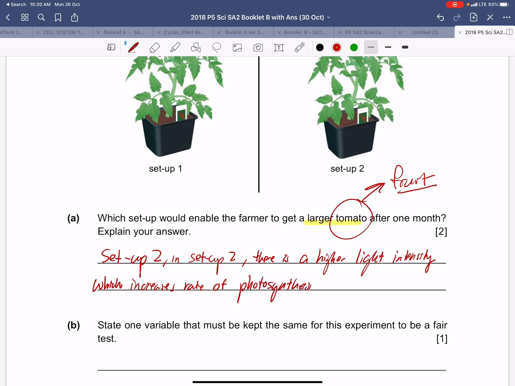This is where the first marking point goes: higher light intensity, identification of that. Second marking point, increases rate of photosynthesis.